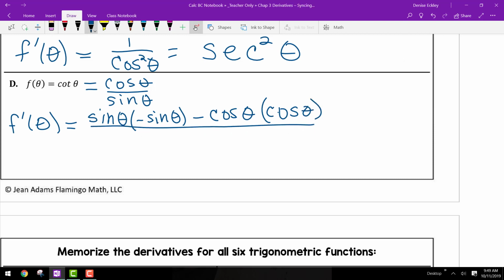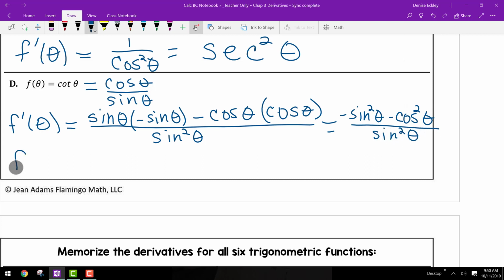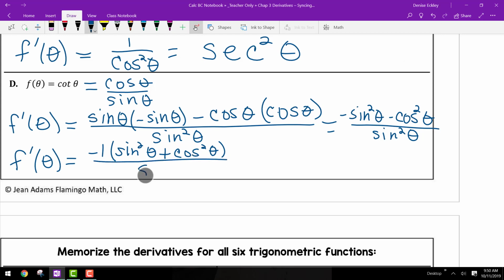And that's all over the denominator squared. Okay, simplifying this, we get negative sine squared theta minus cosine squared theta all over sine squared theta. Now, hopefully you can see that if we factor out a -1 from the top, we have our Pythagorean identity of sine squared theta plus cosine squared theta, and that's all over sine squared theta.